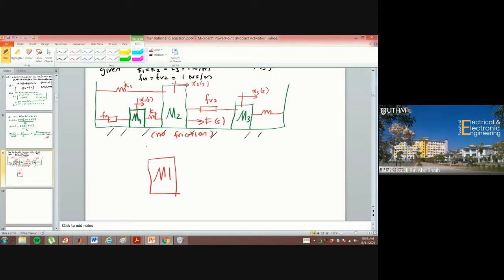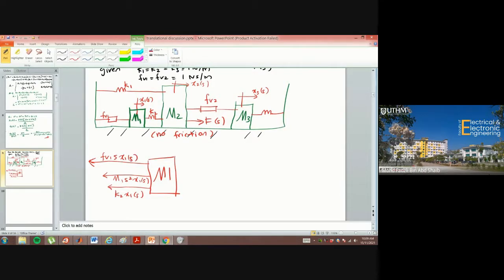Due to the motion of M1 only, we have K2, X1S. We have M1 S square X1S, and we have Fv1 S X1S.